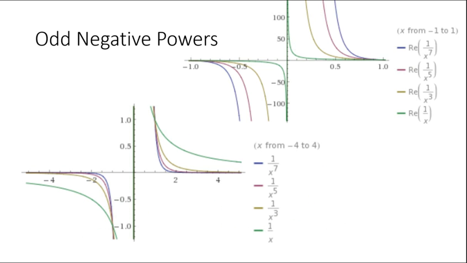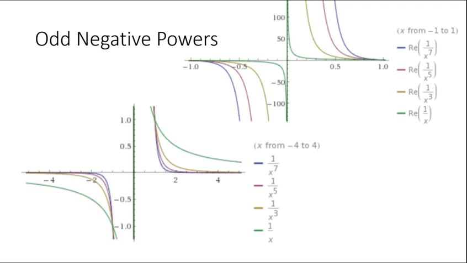With negative powers, basically you're seeing the same sorts of graphs. It's just that what had been above the x-axis on the left-hand side is now flipped below the x-axis on the left-hand side. So really what's going on here is you can think about there being axes of rotation or of reflection for the graph.